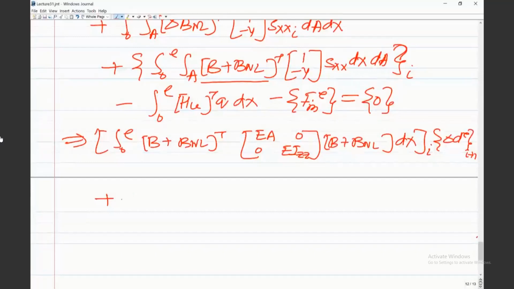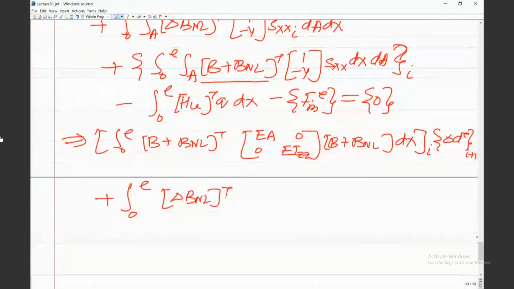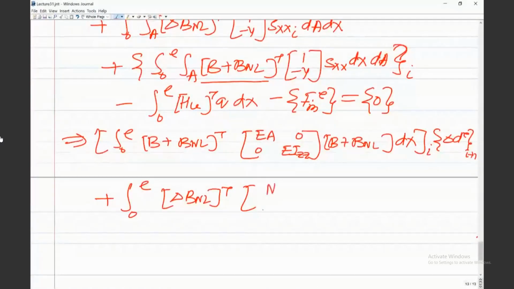So you can write it as integration 0 to L, and then you have delta BNL transpose into, as I said, the integral 1 into Sxx dA is N axial force, and integral minus y Sxx dA is M. So we will get here M, and this is evaluated at the previous iteration, and this of course is evaluated at the current iteration into dx.